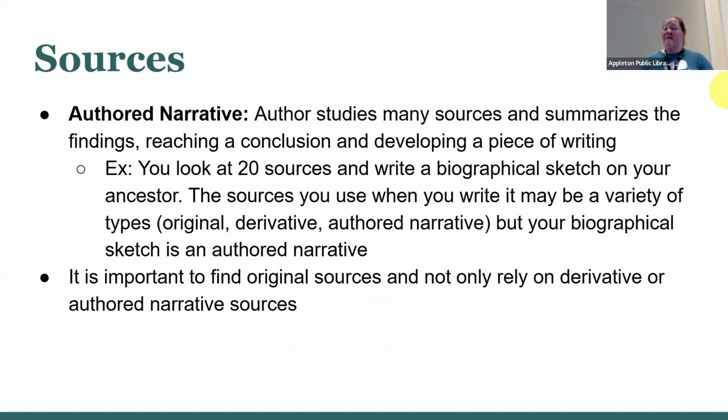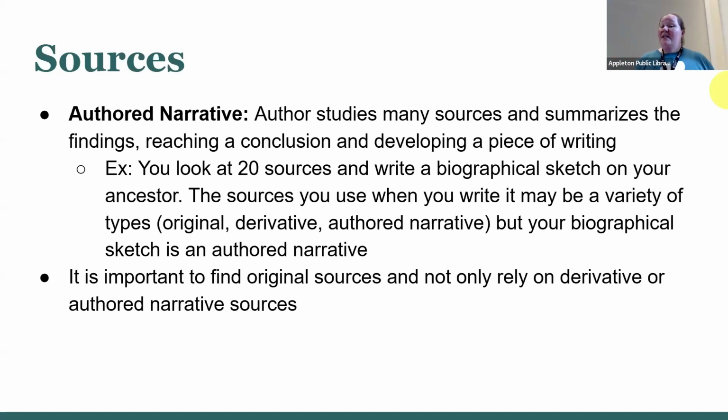And then the authored narrative, this is where the person who's writing it is going to study a bunch of different sources, and they're going to summarize whatever they find. They're going to reach a conclusion and develop this certain piece of writing. So for example, you could look at 20 sources for a person and write a whole biographical sketch on your ancestor.